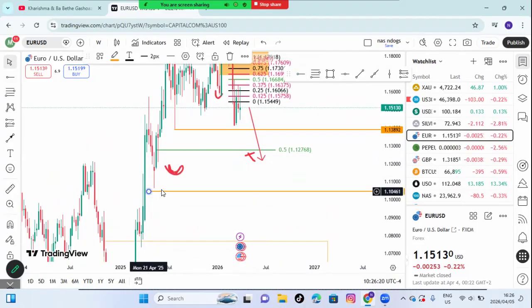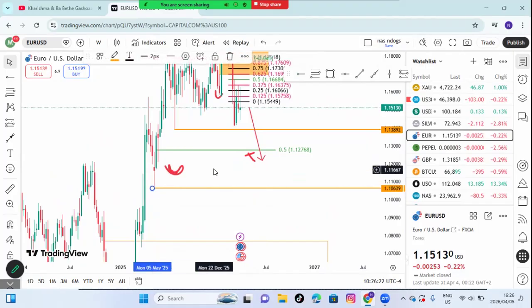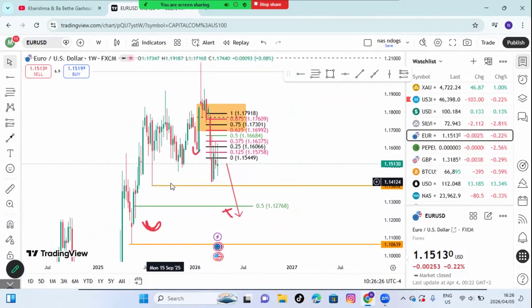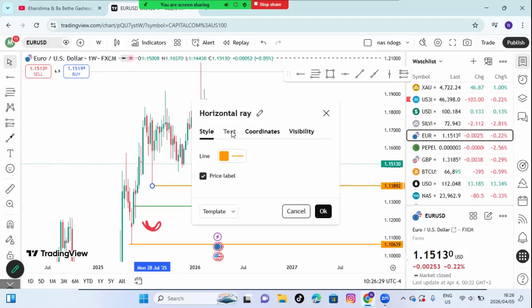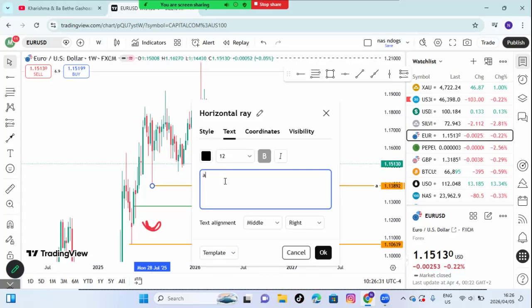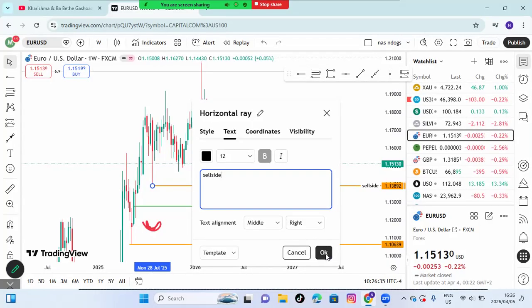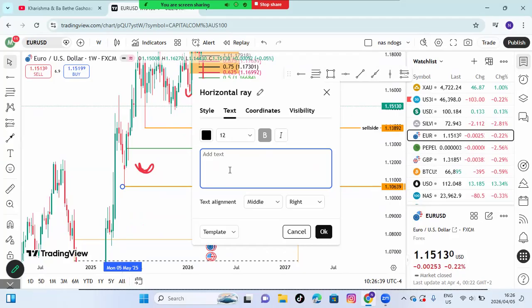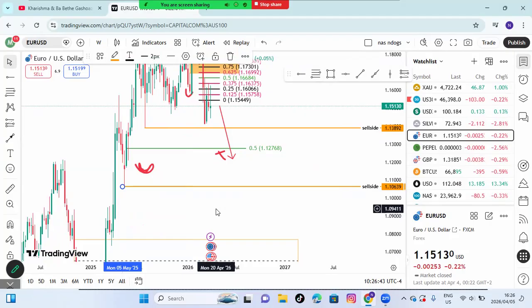Right? There we go. The euro dollar. So this is what? Sell side liquidity. So this is sell side. Right. And also here we have sell side. Right?